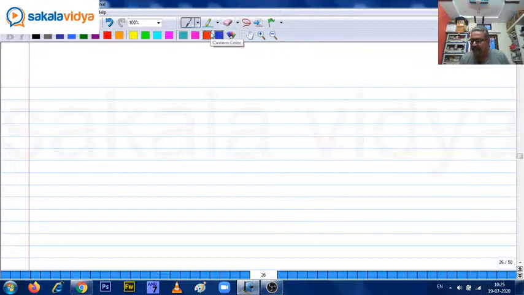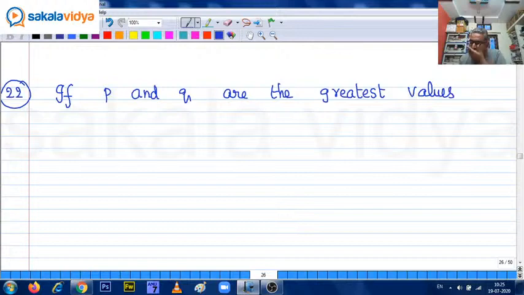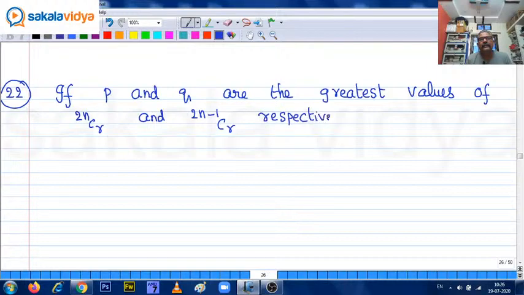Now the 22nd question. If P and Q are the greatest values of 2nCr and (2n-1)Cr respectively, then the relationship between P and Q needs to be established in this problem.